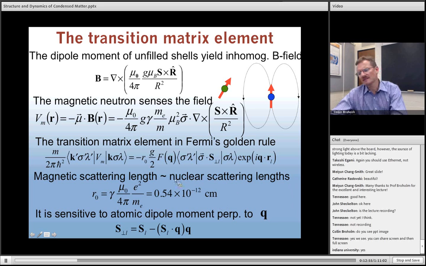And this is important because it means that when we do neutron scattering experiments on magnetic materials, we'll find that the magnetic scattering intensities will be roughly as strong as the nuclear scattering intensities. And so we will see Bragg scattering that is associated with strong nuclear force and the locations of the nuclei.